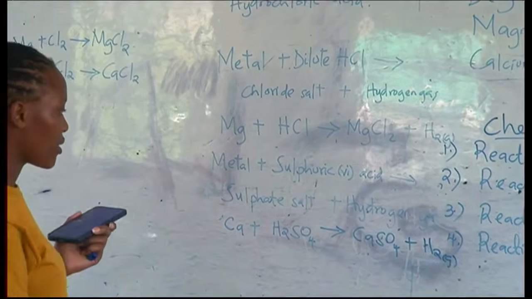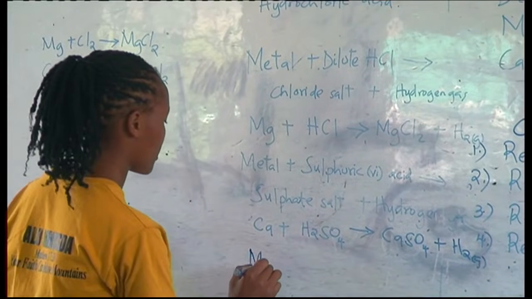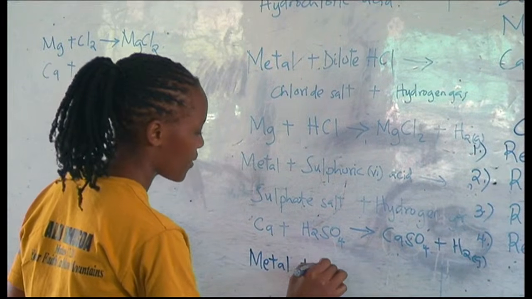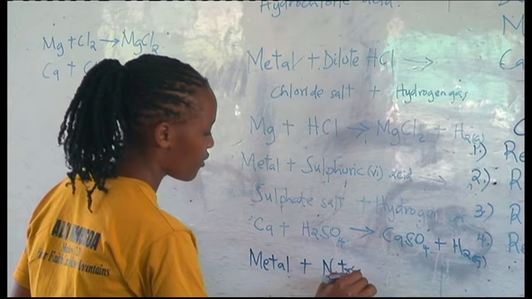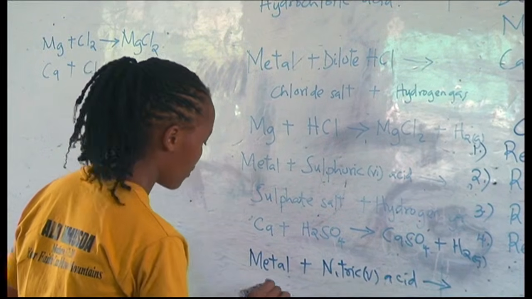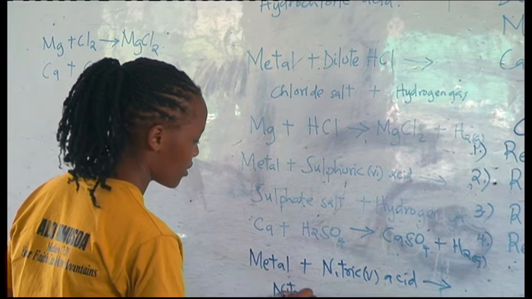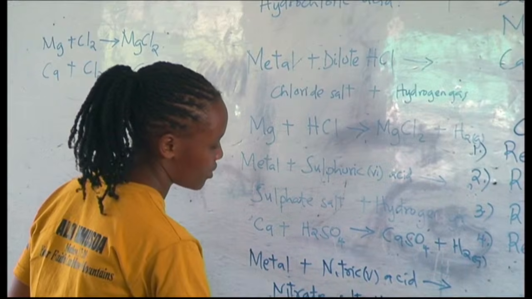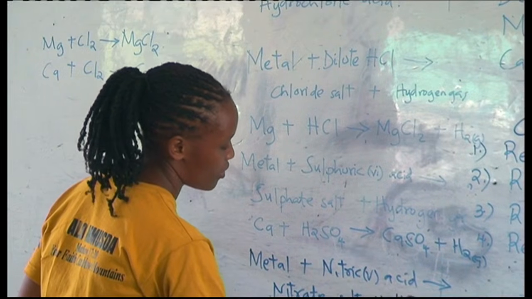Lastly, we have the dilute acid known as nitric acid. So metal plus dilute nitric acid will form a nitrate salt plus hydrogen gas.